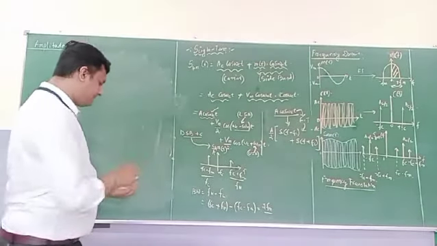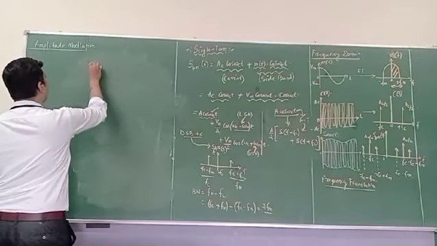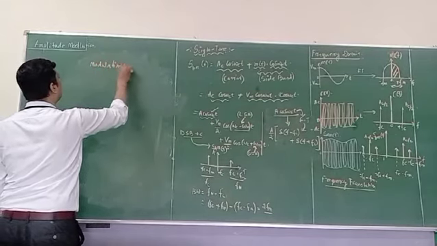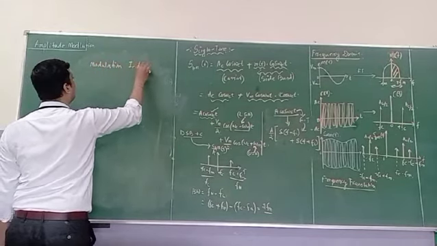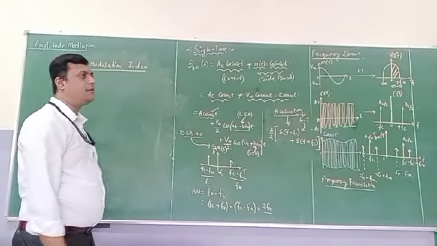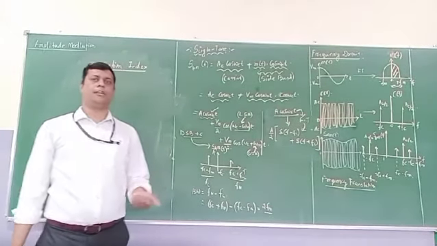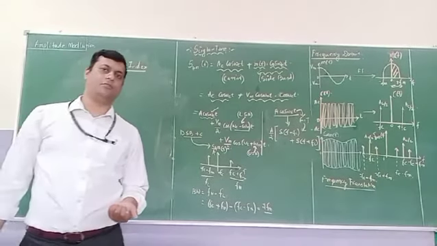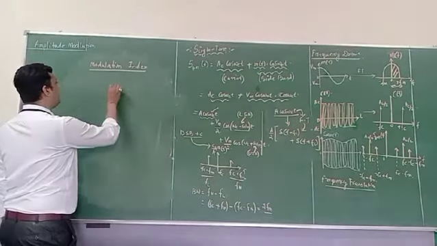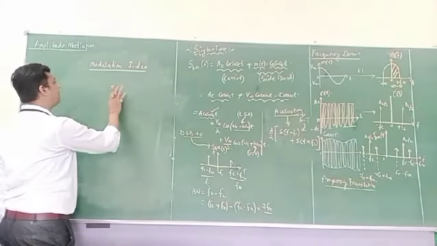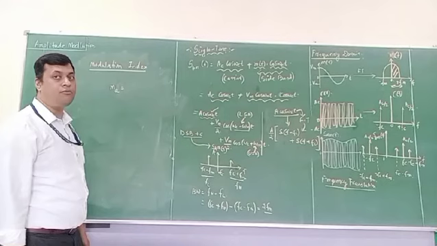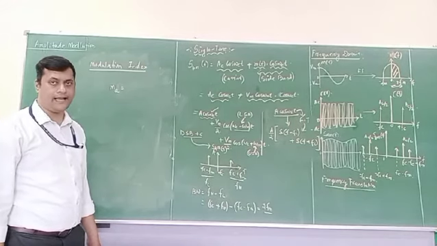Now see, modulation index. We can represent the whole equation for single tone in terms of modulation index as well as for multi-tone. The modulation index for amplitude modulation, we can write as M suffix A. In some books it will be written as K suffix A. It is the same.